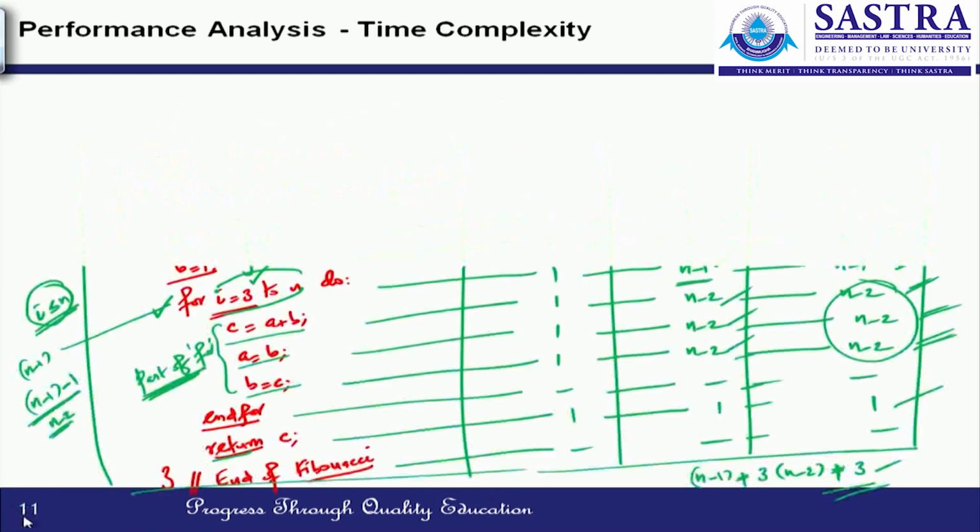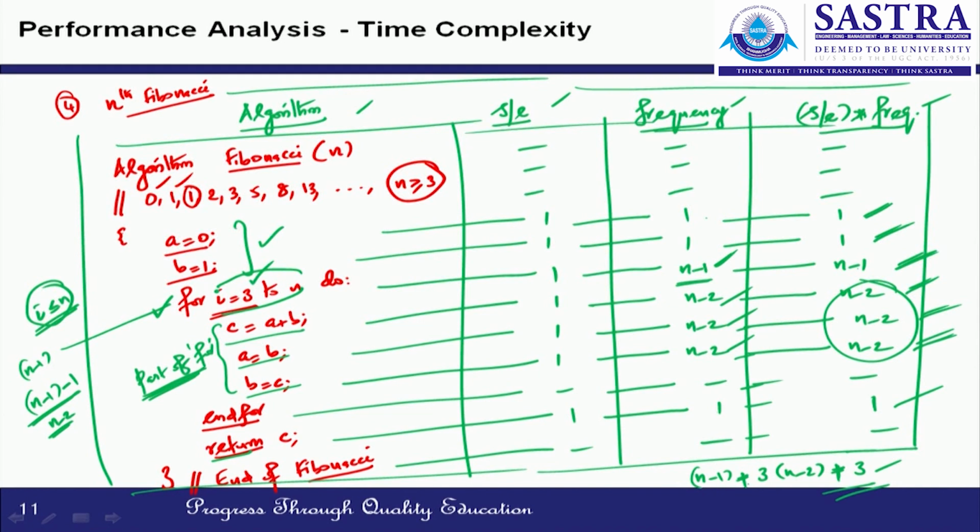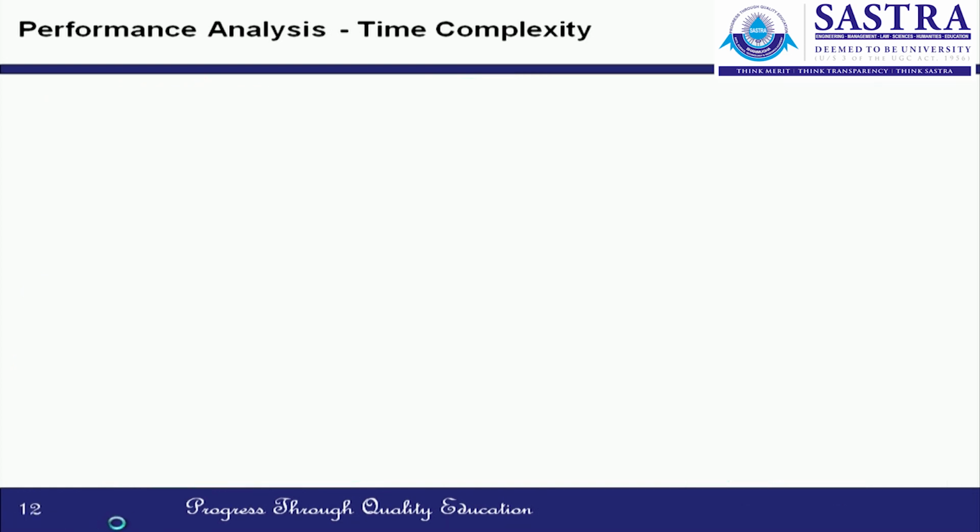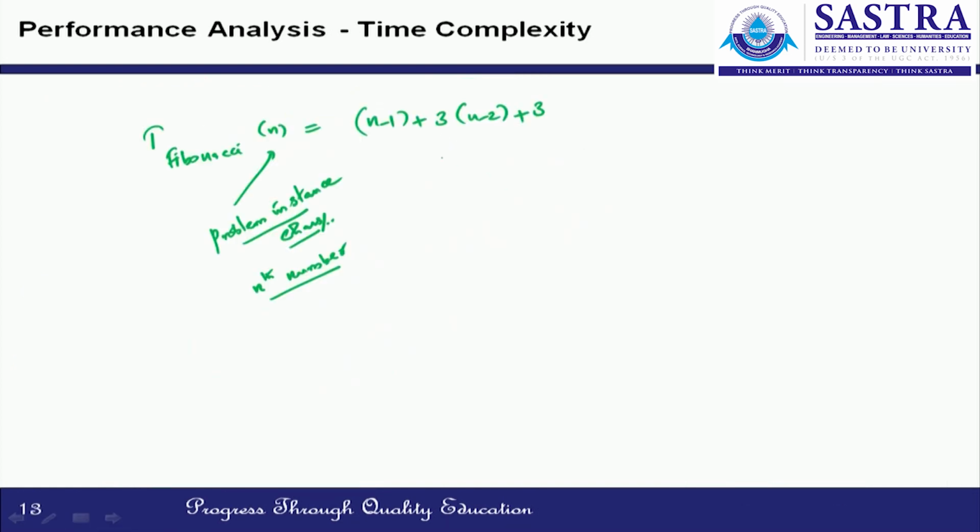Adding the last column, we have the expression n minus 1 plus 3 into n minus 2 plus 3. So simplifying this: n minus 1, 3n minus 6 plus 3, 3n plus 1n, 4n, minus 6 minus 1 minus 7, minus 7 plus 3, minus 4.